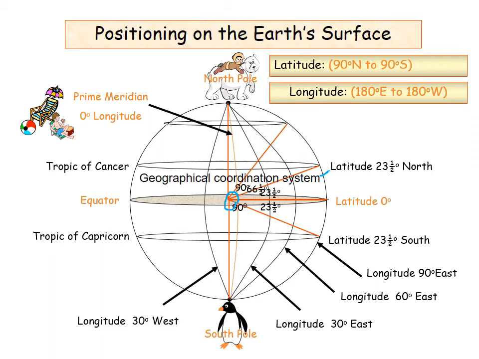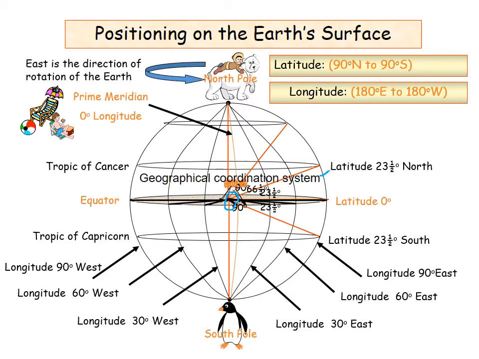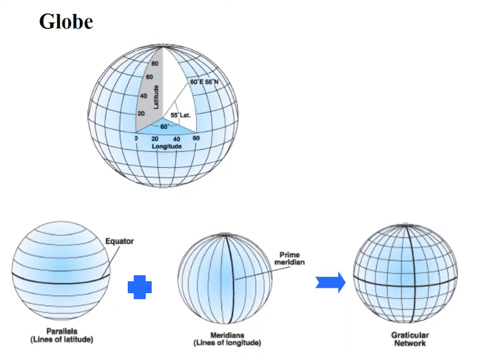Similar to that, you have a 30-degree west, 60-degree west, and 90-degree west of the prime meridian, and it is again made from the center of the earth. And east is the direction in which the earth rotates. The latitude and longitude together enable the fixing of the position of the earth's surface.